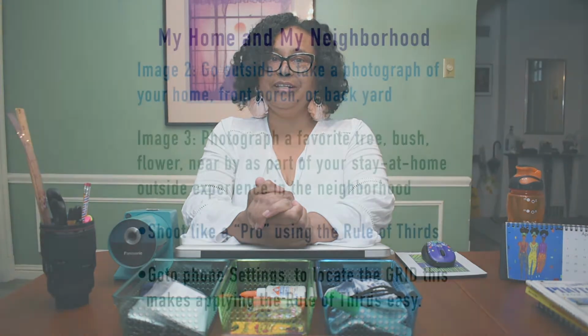So have fun creating your environmental portrait, and we will talk about taking the picture of your outside home environment in the next segment. So pause the video, and when we return, we'll be ready for photo number 2 and 3.